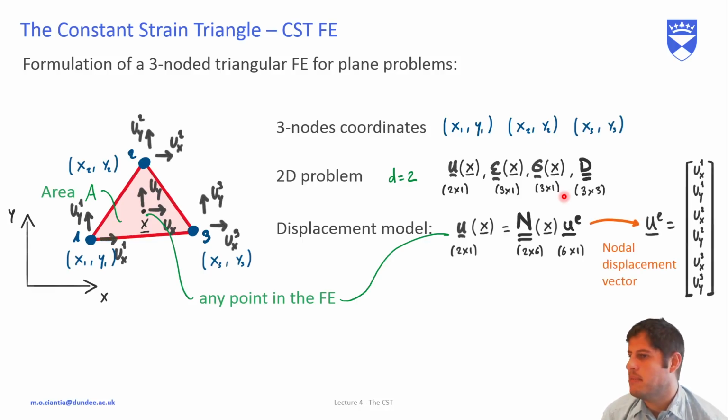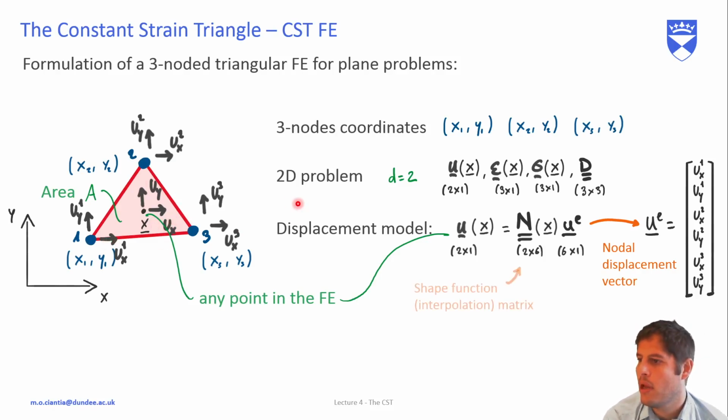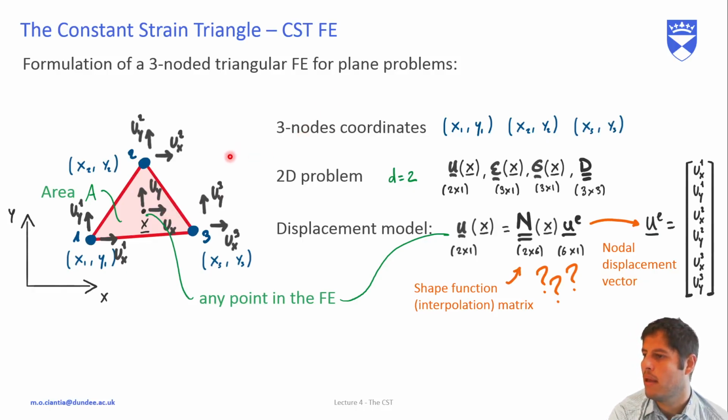Given the nodal displacement vector, represented here by these black arrows, so ux in node 1 and uy in node 1, etc., we can then obtain ux and uy for any point in here. To do that, we need the shape function matrix. And what is this equal to? Well, the content of this lecture is the determination of this, from which then we can calculate the strains, the stiffness matrix of the element, and the equivalent nodal load vectors.